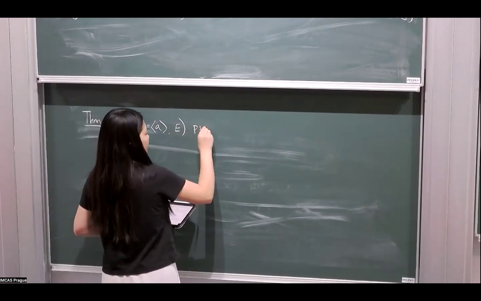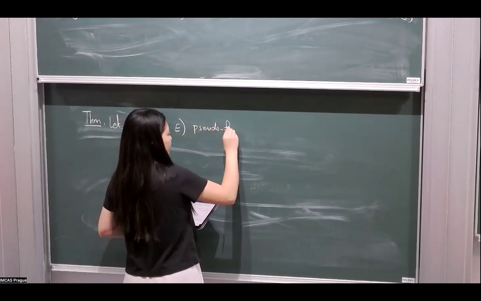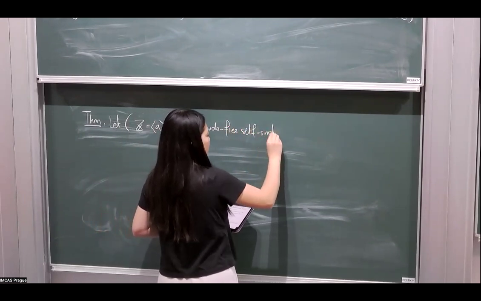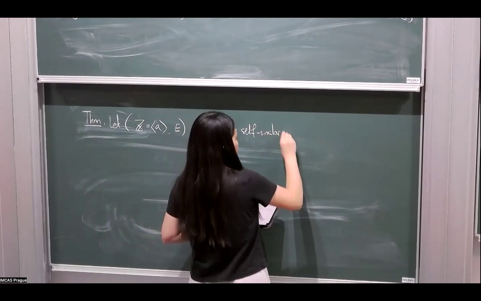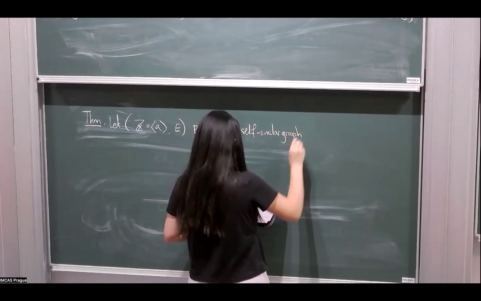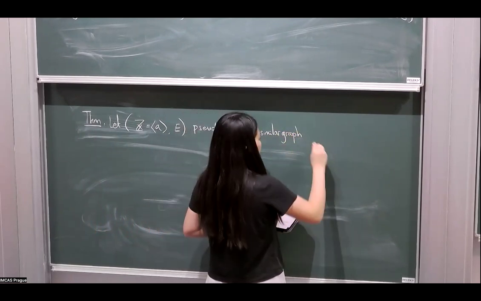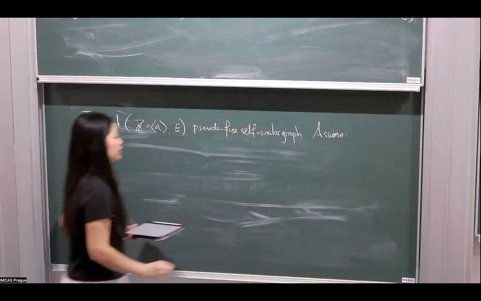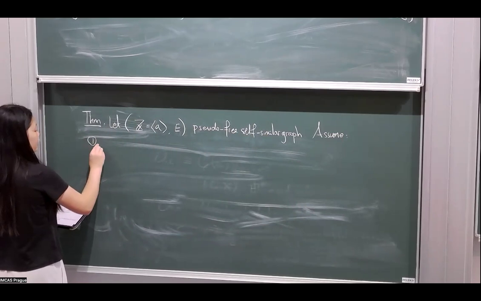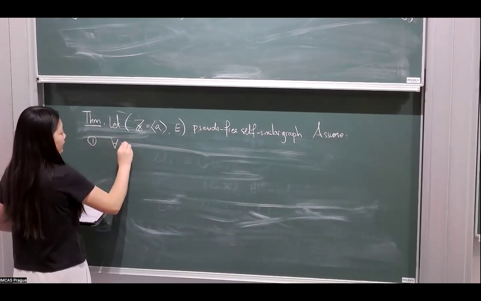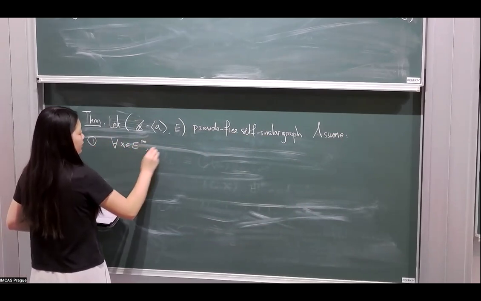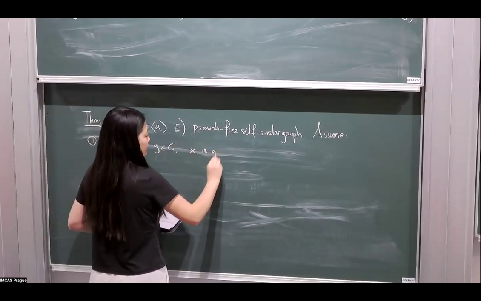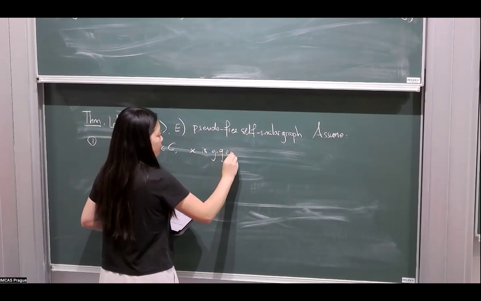So let this be a pseudo-free self-similar graph. Assume the following conditions. The first condition: for any infinite path x and group element g, the pair is either g-generic or g-rare.